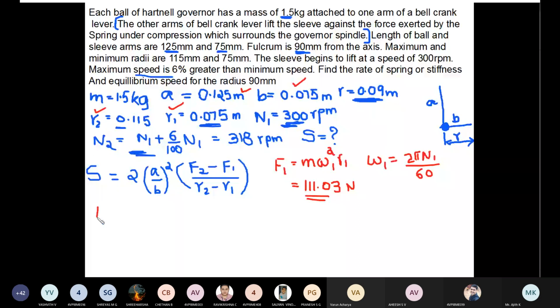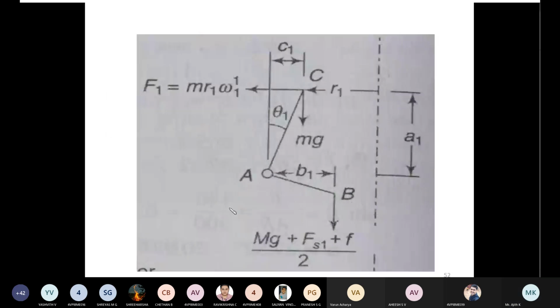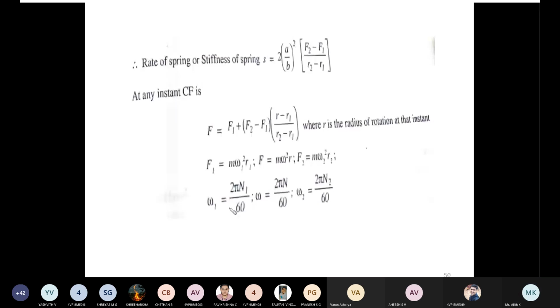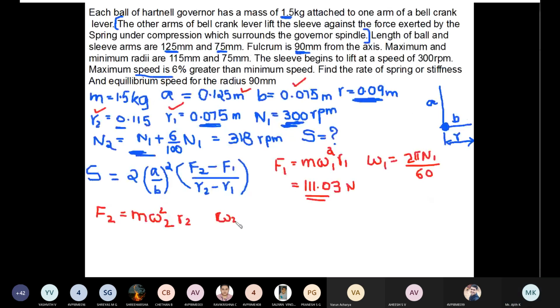The F2 equation is m omega 2 square into R2, where omega 2 is equal to 2 pi n2 divided by 60.